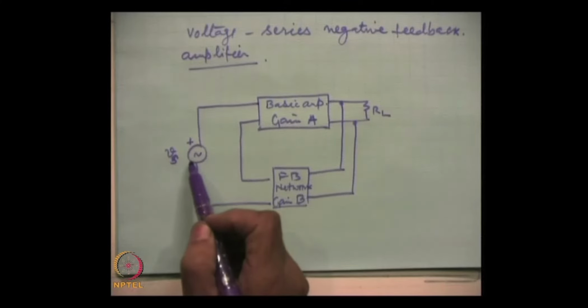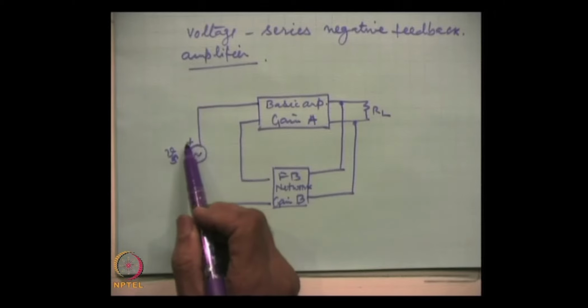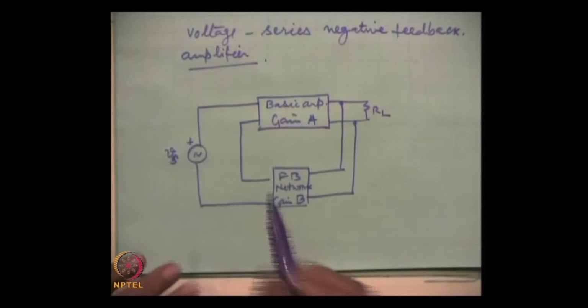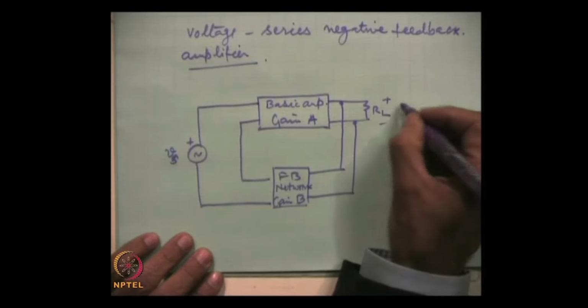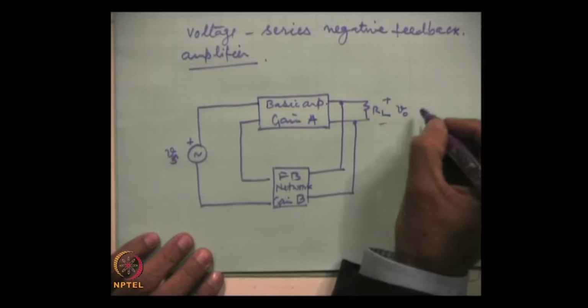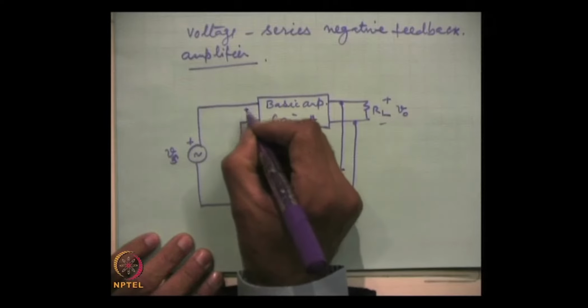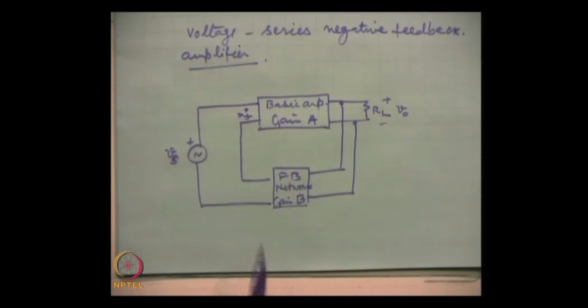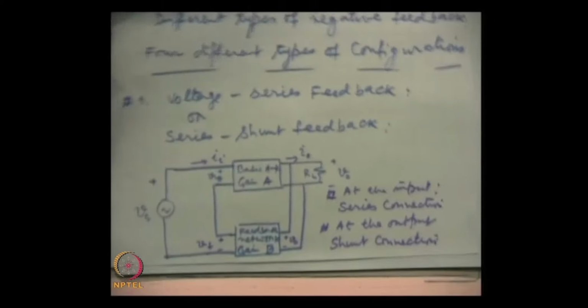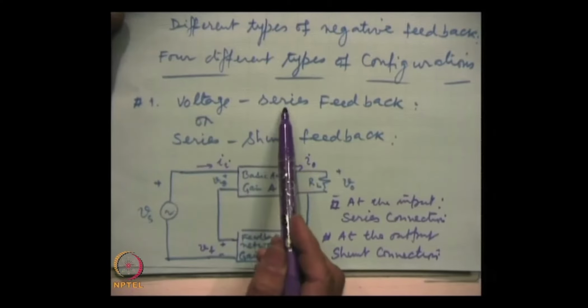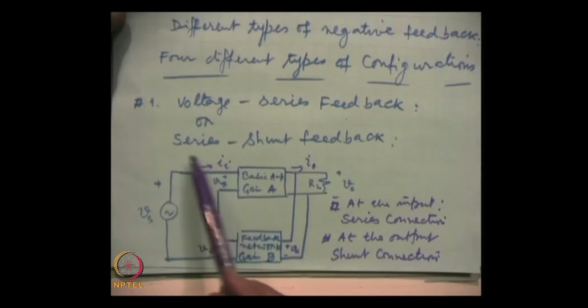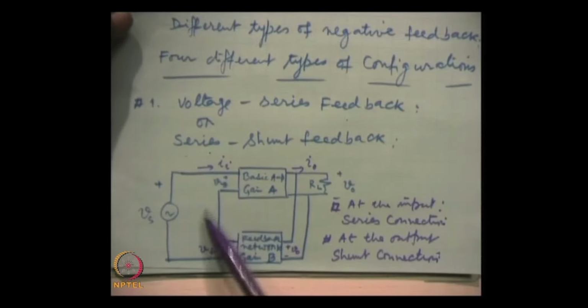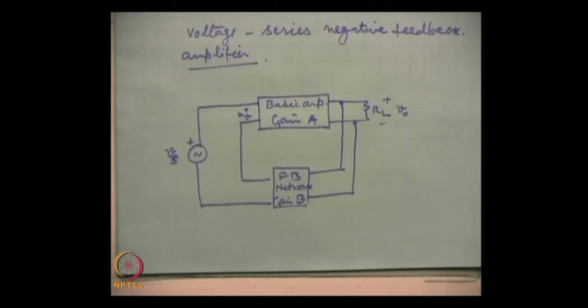This is alternating, but we show at an instant when this is positive, and similarly here this is V 0 and here is plus minus V e. This is the circuit from where we started, the first circuit, same circuit, voltage series feedback circuit. Here at the input is the series connection and at the output is the shunt connection. So, this is voltage series feedback.